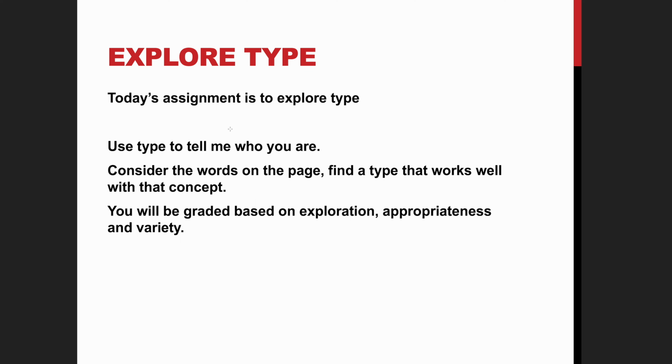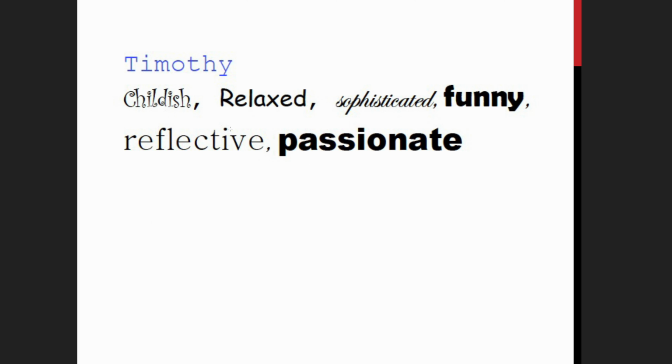So for today's assignment, you're going to explore typography. First, you're going to use typography to tell me who you are. You're going to talk about yourself, and you're going to use typography for that. And then you're going to be given a list of words, and you're going to find a typeface that works for each word. So here's the first part. You'll put your name. Here's an example.